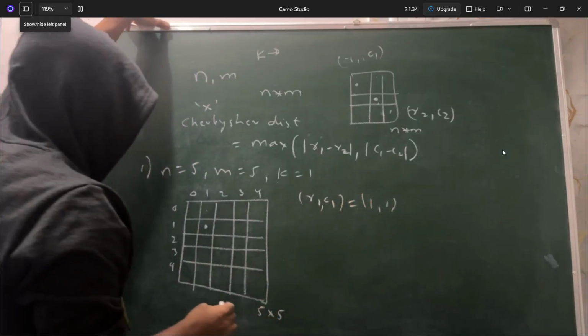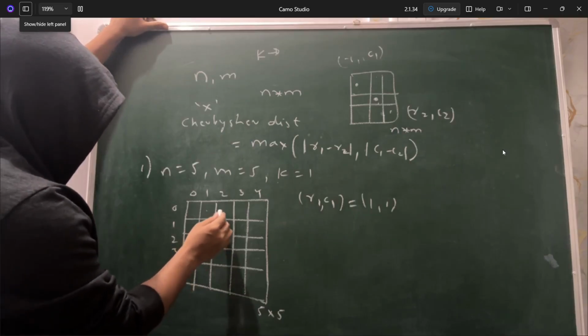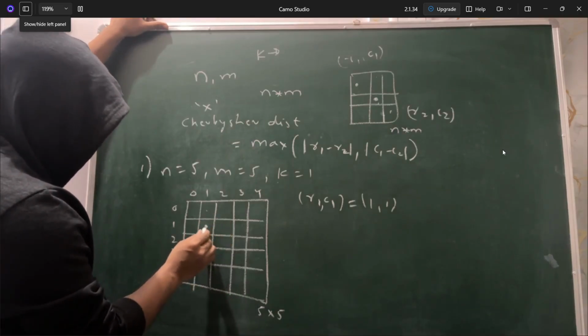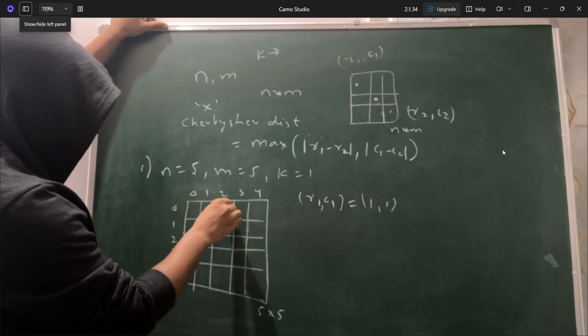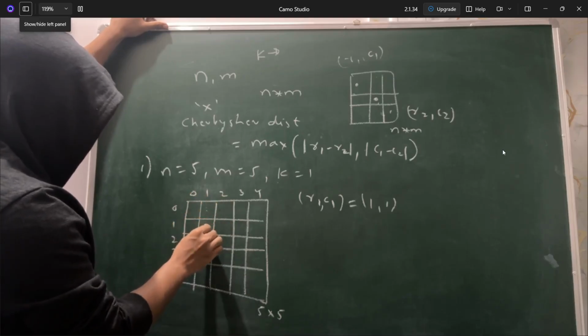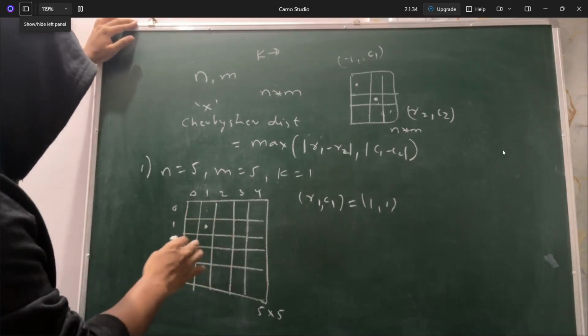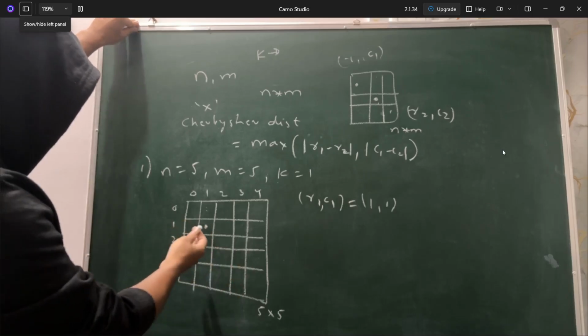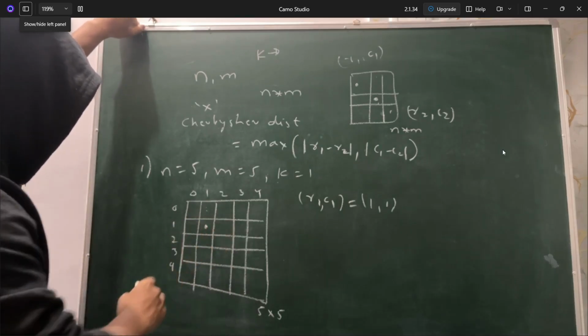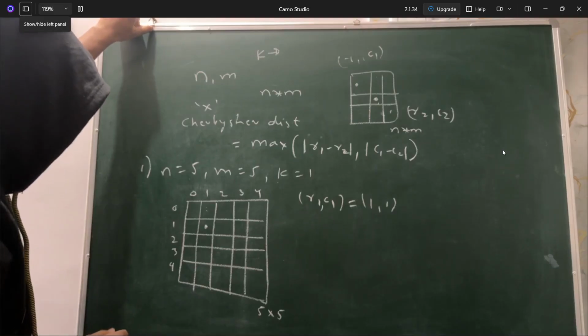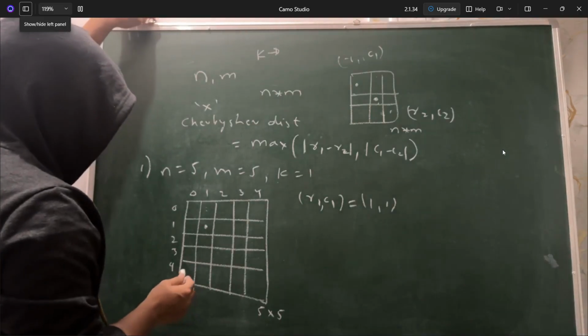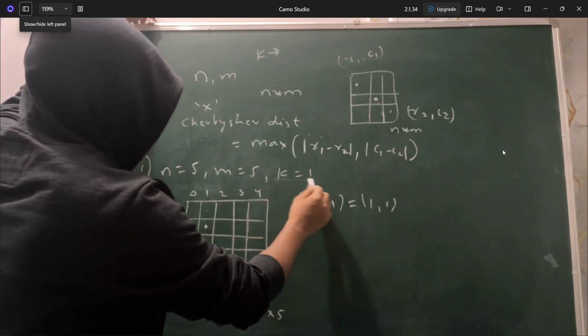If we place this sensor, what distance can it cover, till what distance can it sense? Any sensor is there to sense things, right? They've given that it can sense up to k equal to 1.